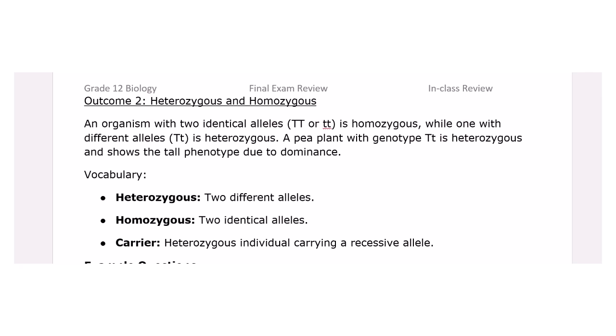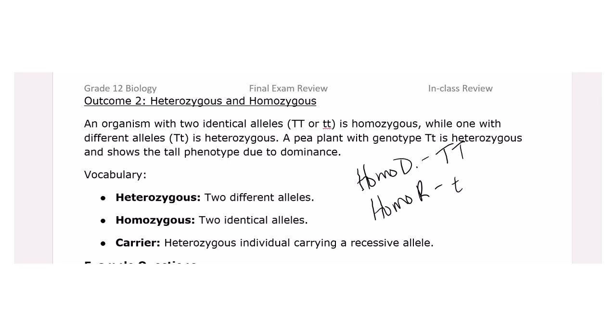Number 2, I feel like almost all of you know this one already. Heterozygous, homozygous. There are 2 types of which one? Homozygous or heterozygous? Homo. So what are they? Homo dominant and homo recessive. We're using the T's. What would homo dominant look like?